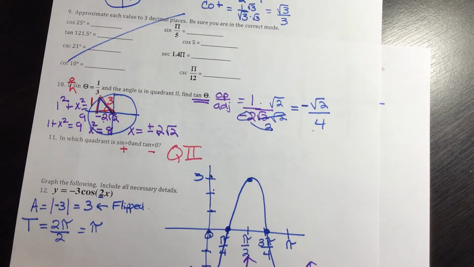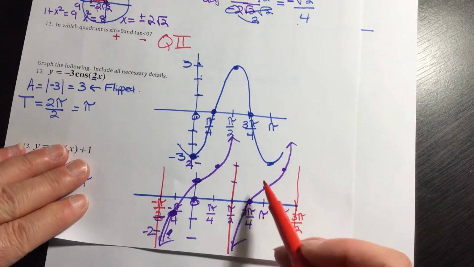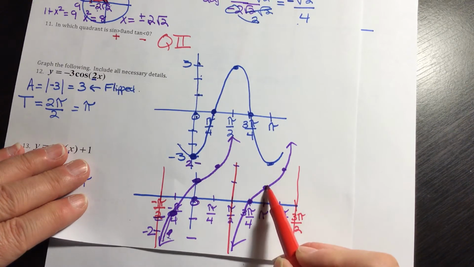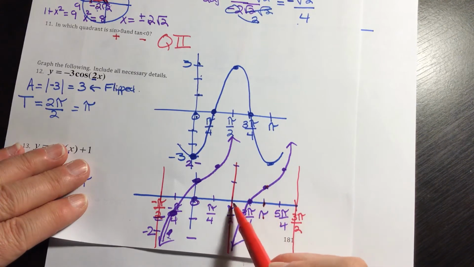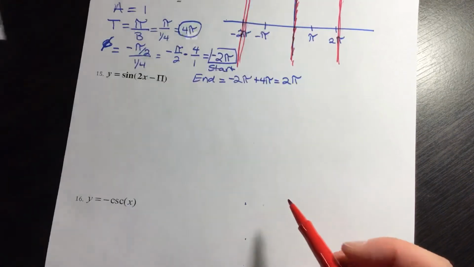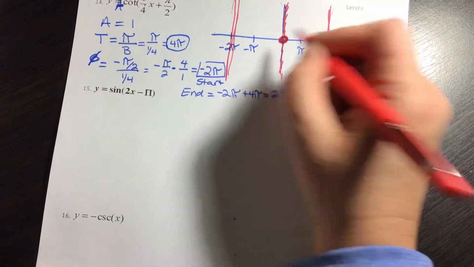So back at this graph for tangent, I'm going to have my middle as an x-intercept, and I don't have a shift in the one that I'm doing. So I'm going to have an x-intercept in the middle of my 2 asymptotes. So I'm going to have an x-intercept right here.